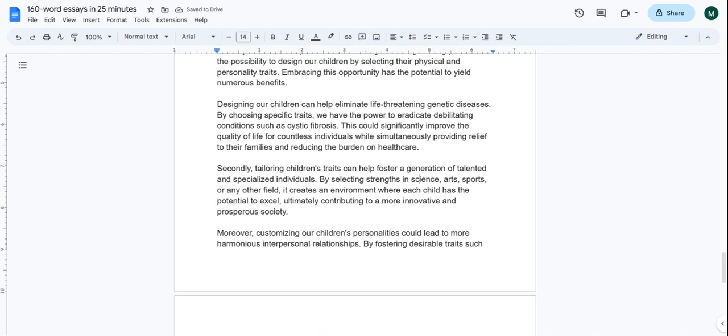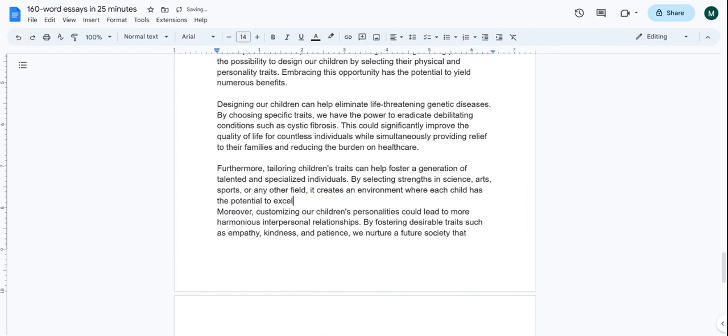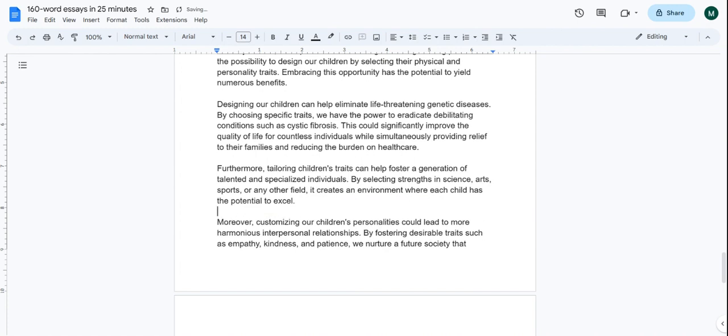Then instead of saying secondly, I think I would then use moreover or furthermore. Tailoring children's traits can help foster a generation of talented and specialized individuals. And I think I would take out ultimately contributing to a more innovative and prosperous society.